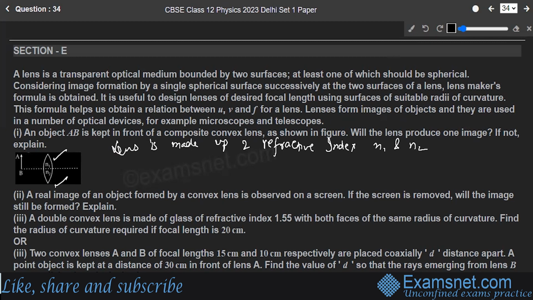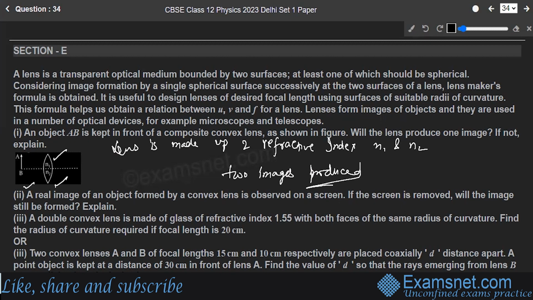So it will not produce one image, it will produce two images. Two images will be produced because refractive index tends to bending of light. So here are two refractive indices, hence it will bend the light in two directions. So two separated images will be formed. Hope you are clear with this.